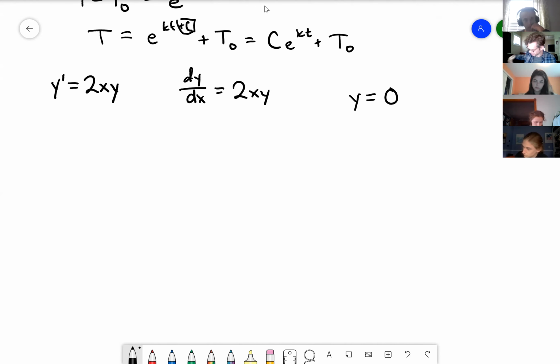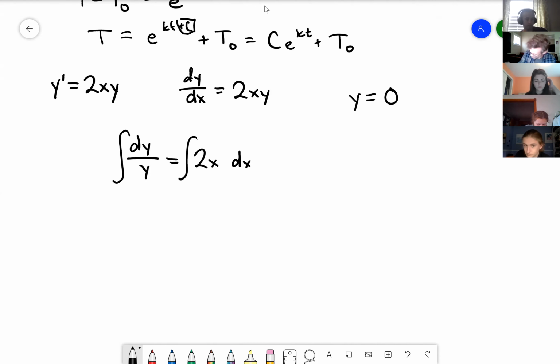Yeah, if we have y is equal to 0, then it just stays the same forever, no matter what x is. So we can rewrite this as dy over y is equal to 2x dx.